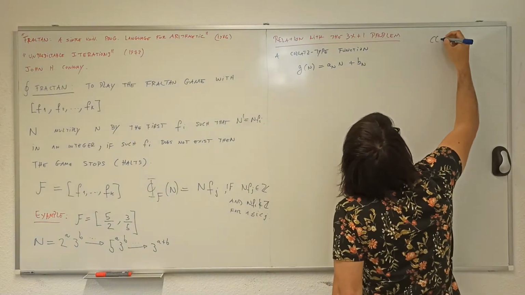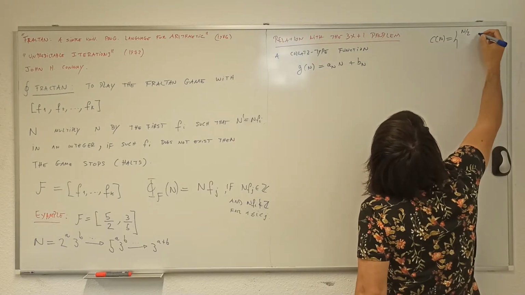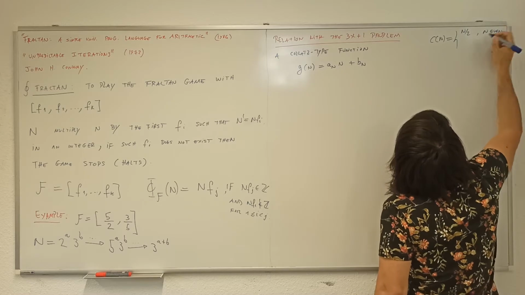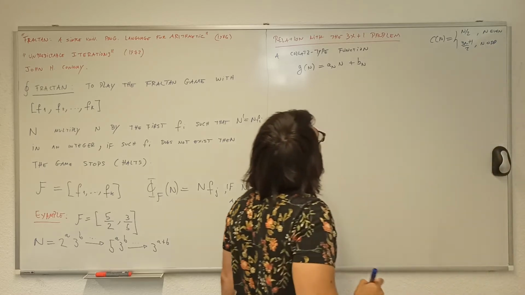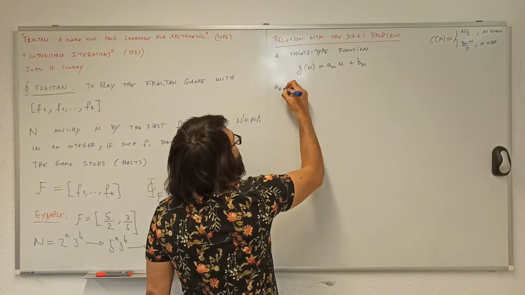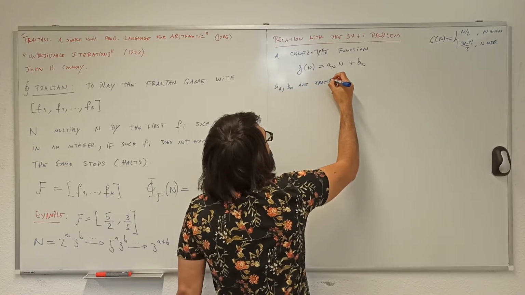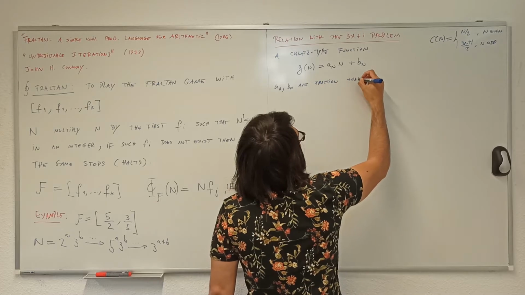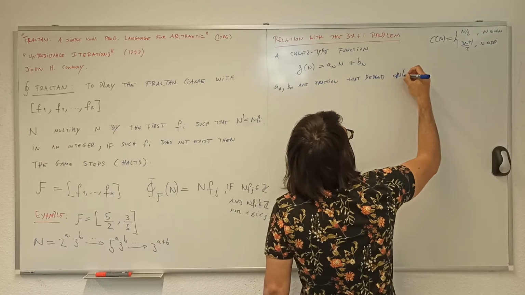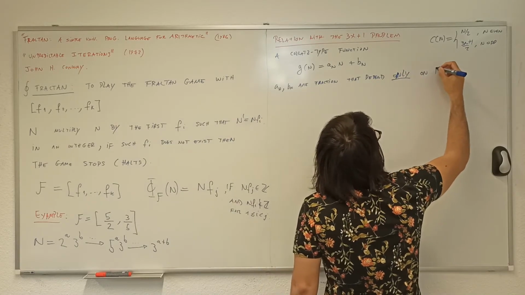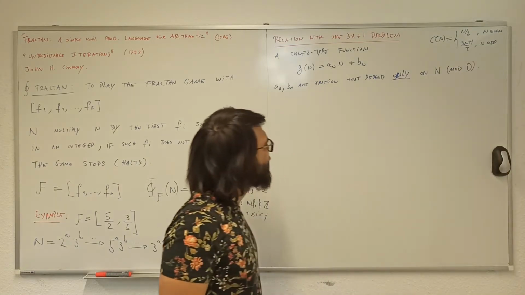Recall that our map was just n over 2 if n is even, and (3n + 1) over 2 if n is odd, where a_n and b_n are fractions that depend only on n mod some large number d.